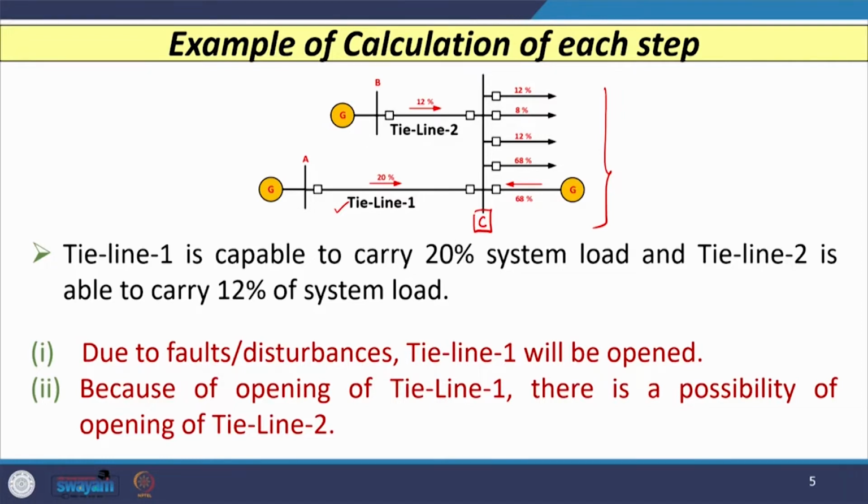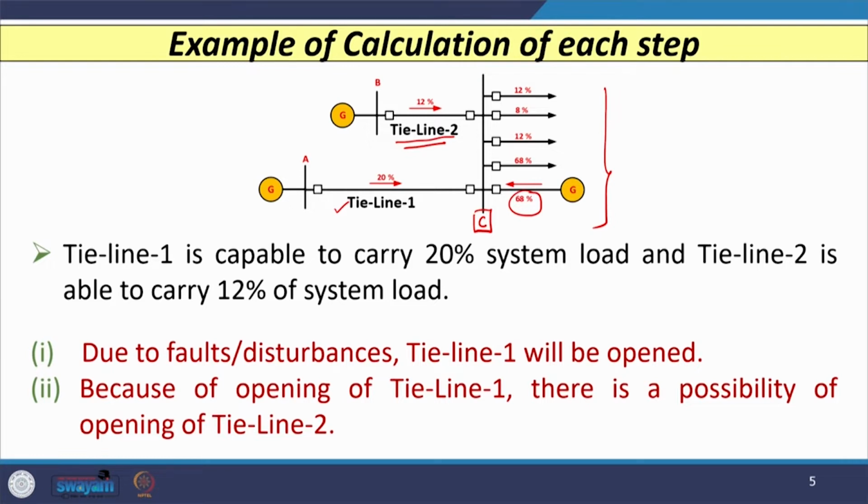Another tie line 2 is connected between bus B and bus C, and this tie line is capable of taking care of 12% overload, and the other tie line is connected with another generator with bus C which is capable of taking care of 68% overload.